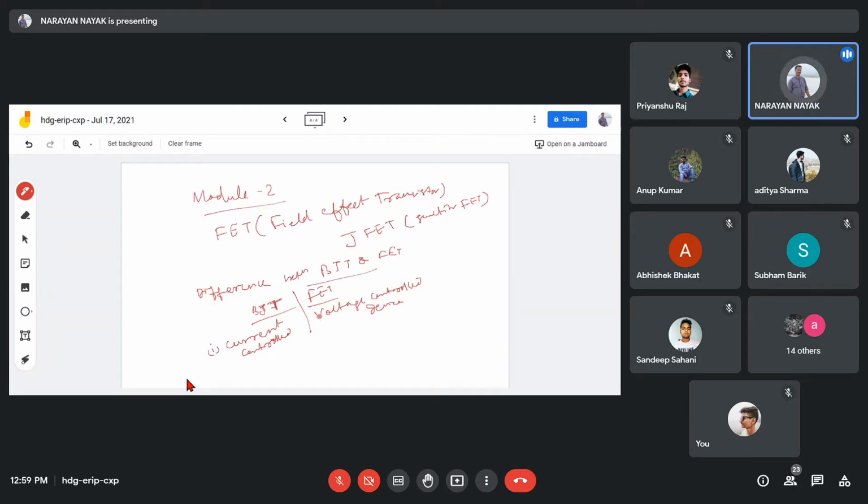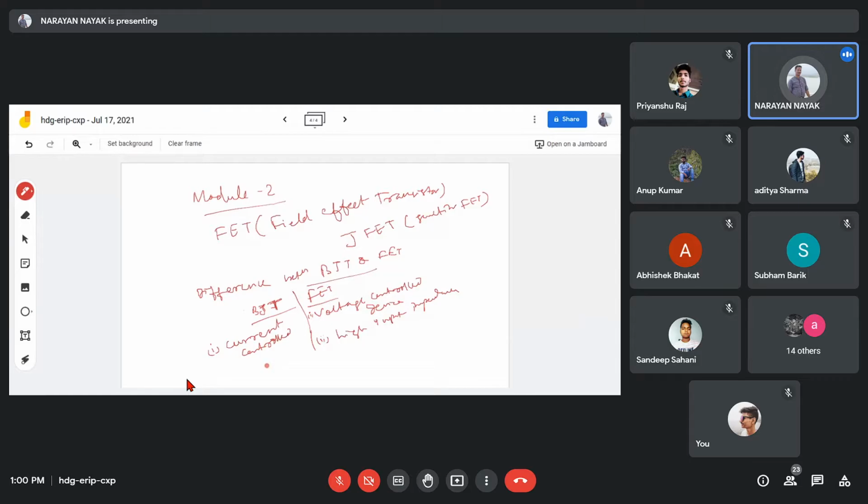Yeah, this is the first difference. And the second difference is that FET has high input impedance. But what is the impedance of BJT? I think it is slightly lower than this one.